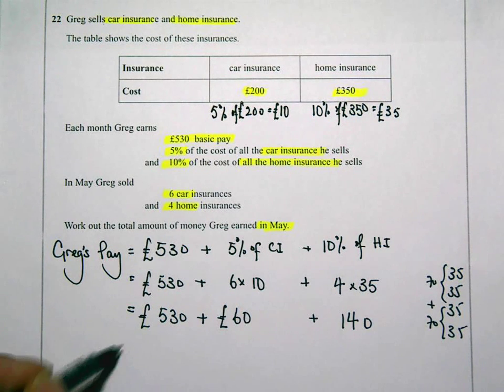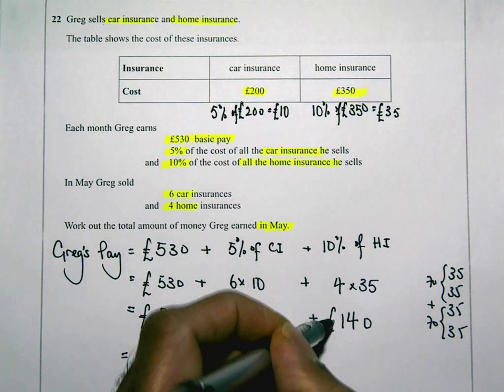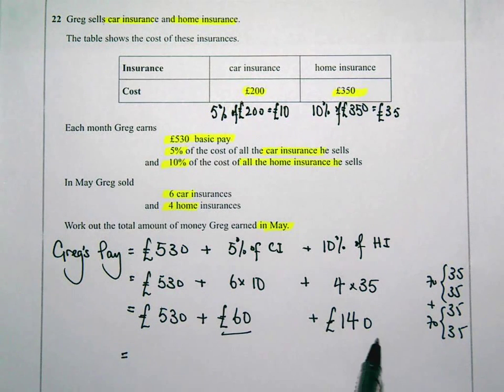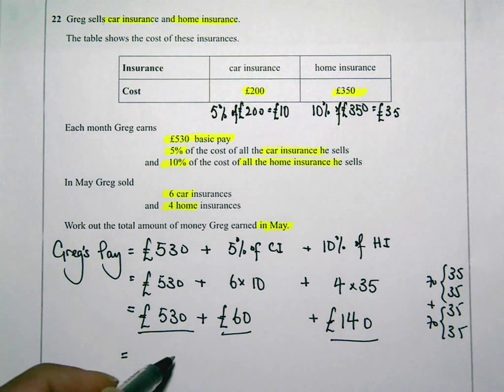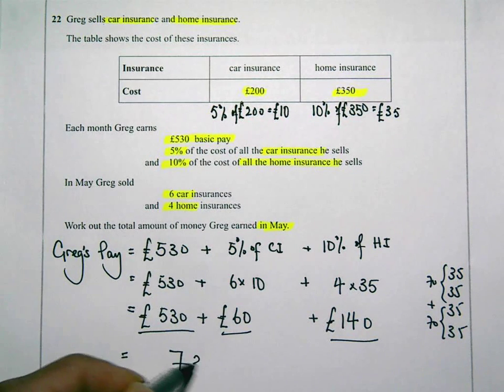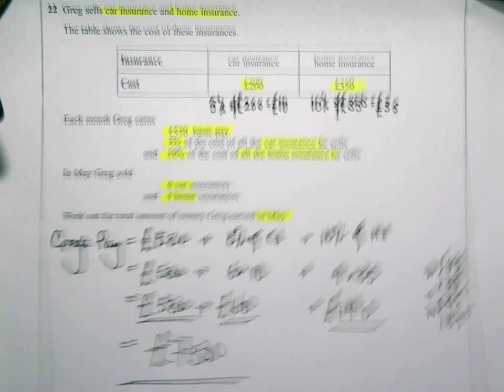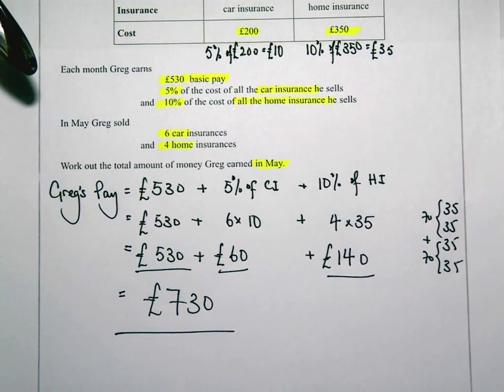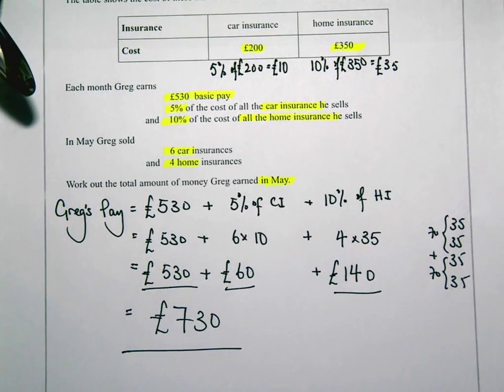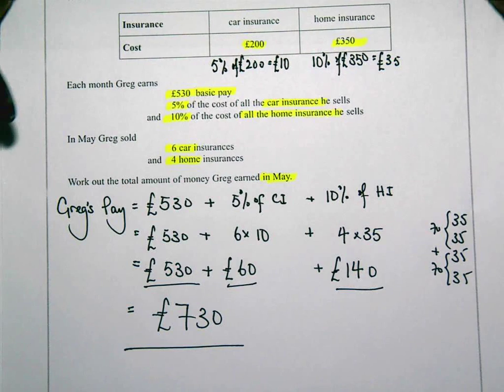Okay, now I just need to do some addition. 60 add 140 is 200, 200 and 530, £730. So that means that Greg is going to earn £730 for the month of May, for his total wage for the month of May.